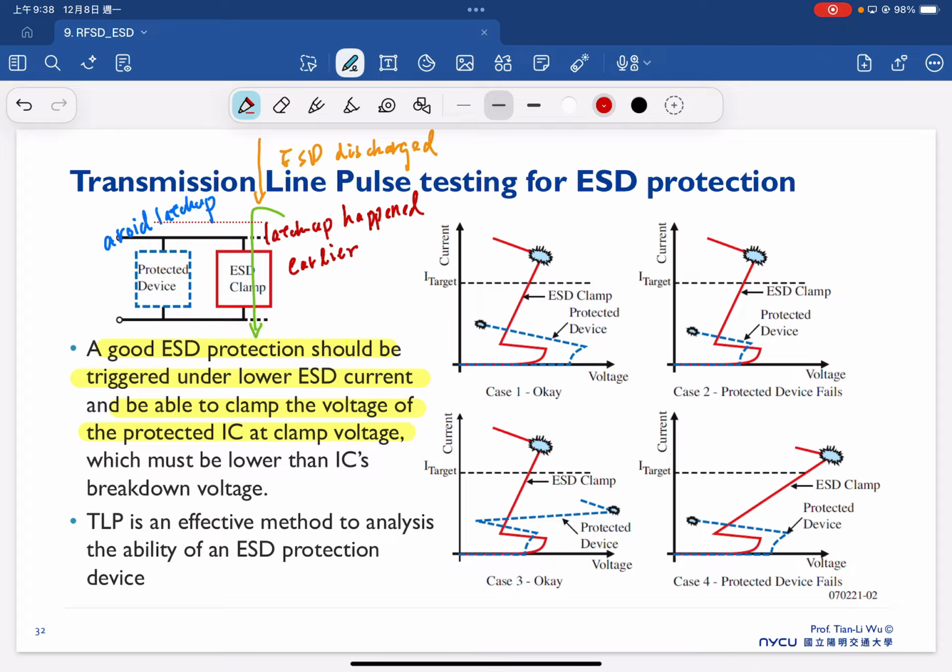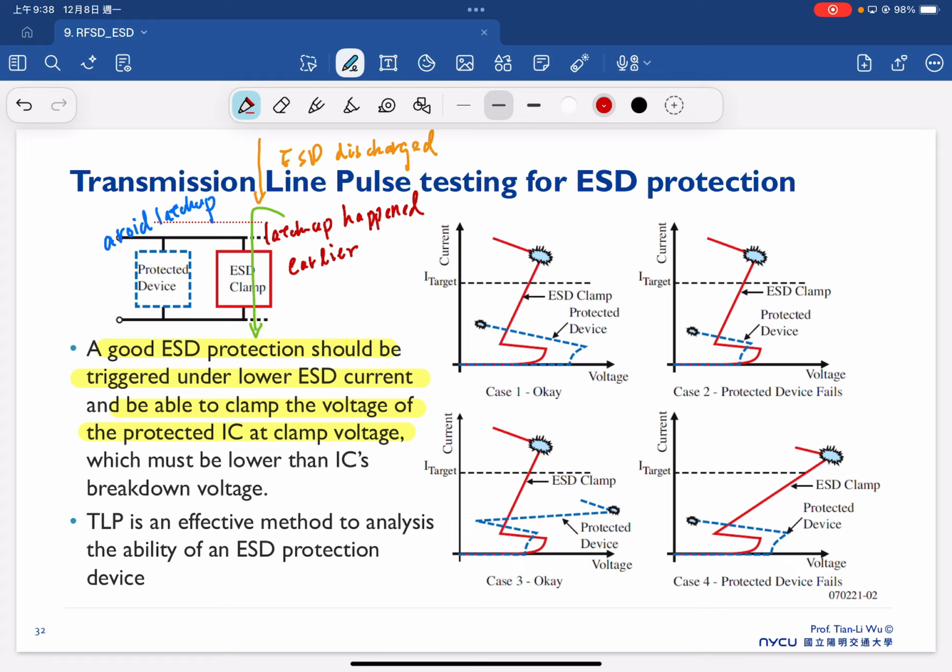We all knew that under a certain ESD event there could be a latch up event triggered in the main device. So what we actually do is that if there's an ESD protection device nearby, and the latch up happens earlier, then the ESD charge can be discharged through this protection device.